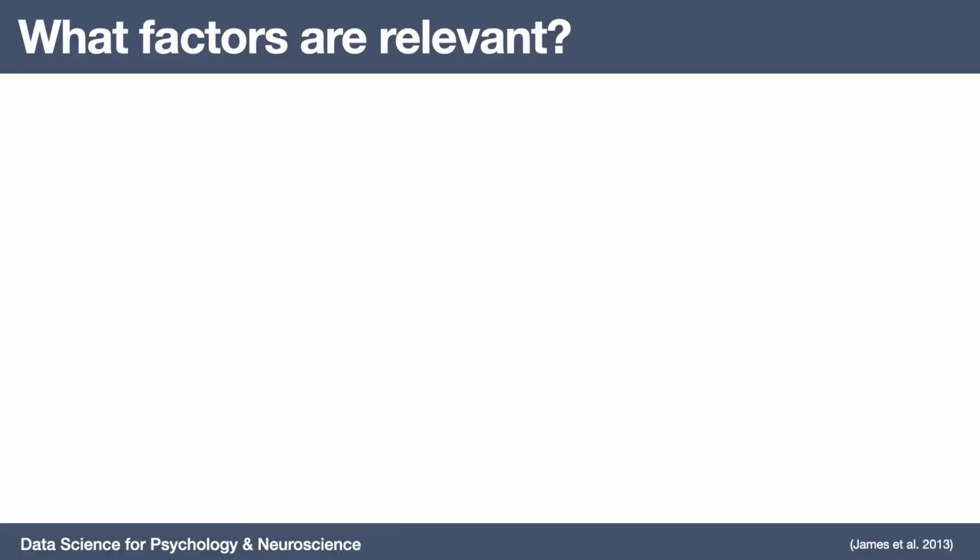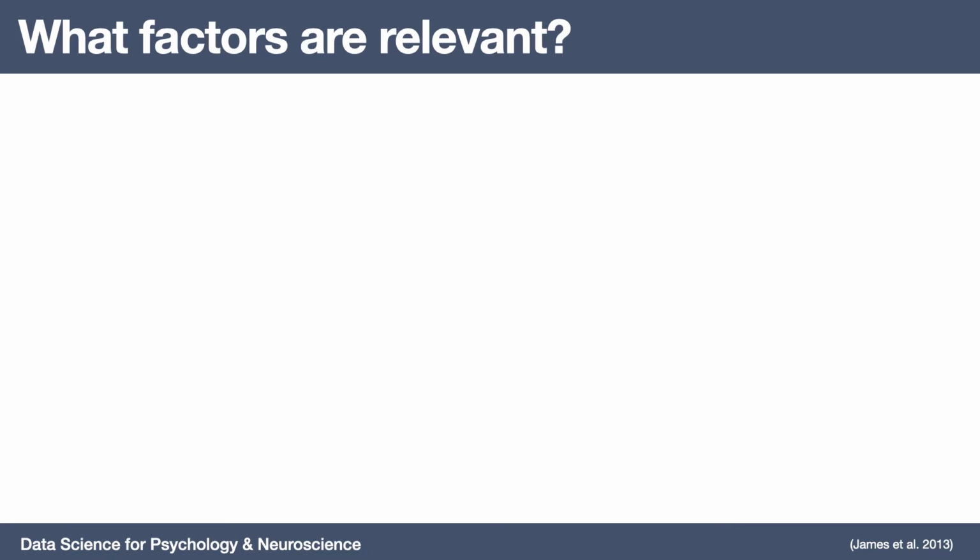That complete set of model comparison gets us into the general model selection and model comparison methods. And the first one we're going to discuss is something known as full subset selection, sometimes just called subset selection. The main question that selection methods, full subset selection in particular, ask is, what factors are relevant?